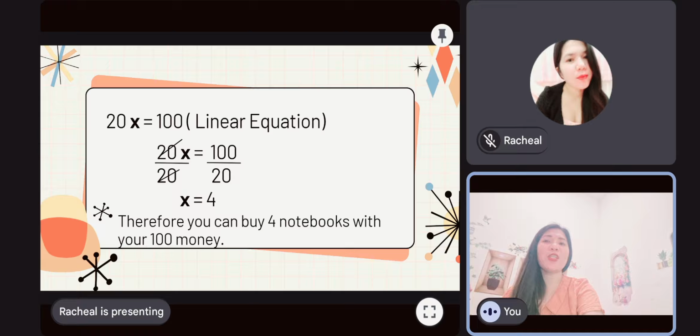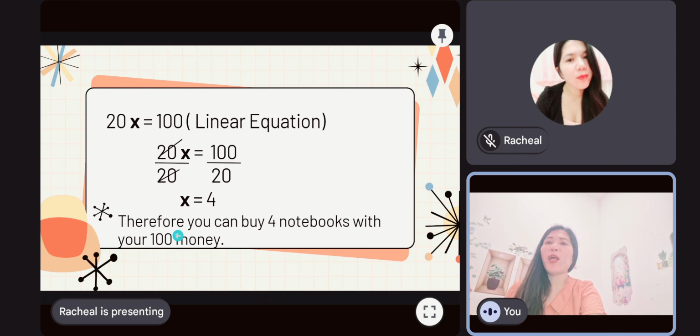No. I have mentioned a while ago that if there is 1, it's okay not to put it at all. So now we can just copy the x, put it down, and whatever you do to one side, you should also do to the other side, which is 100 divided by 20 is equal to 4.